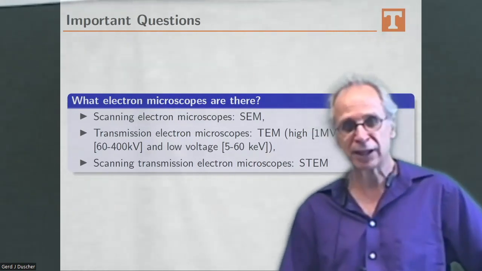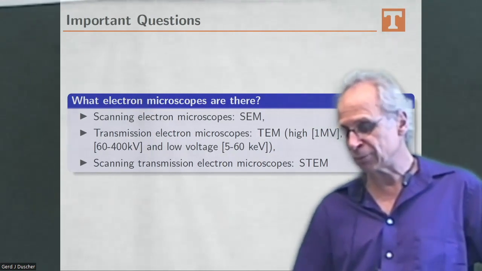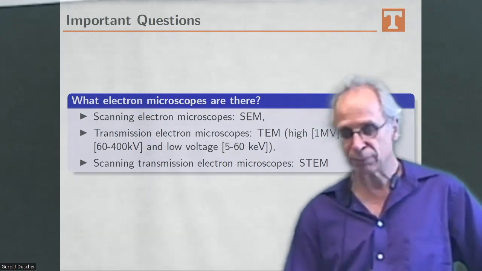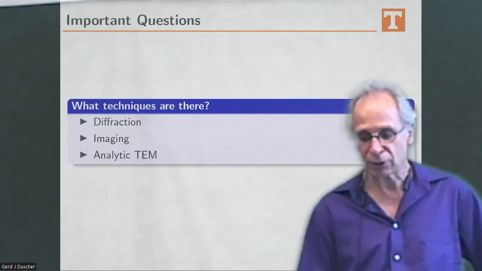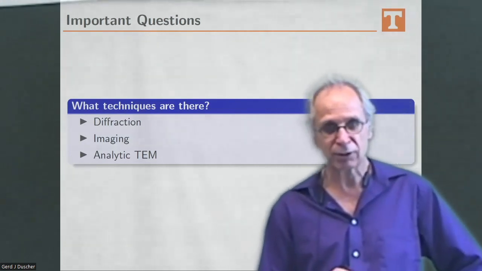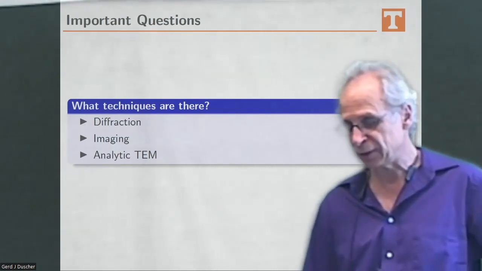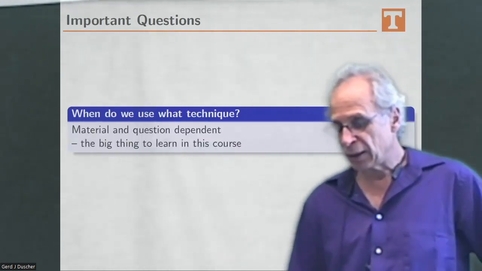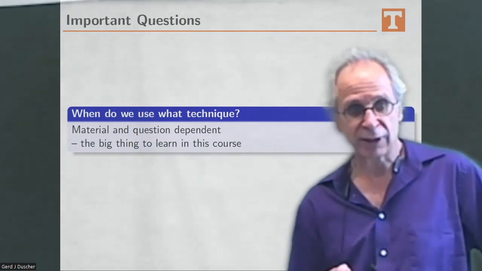So we have dedicated scanning transmission electron microscopes. We have TEM STEMs. So people are familiar with that. And we talked about the different techniques already: diffraction, imaging, and analytic TEM. So anything to go. And so the key thing is and remains, what techniques do you use?